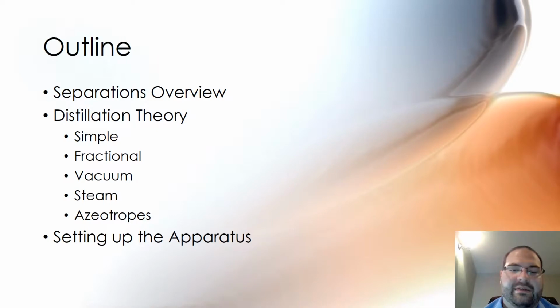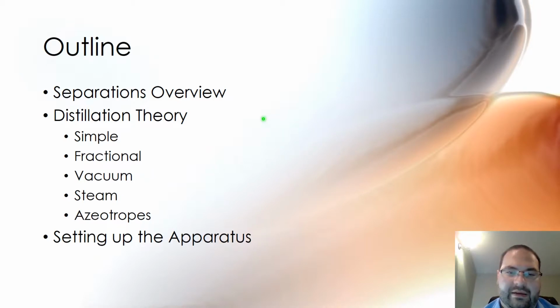So we'll begin by looking at an overview of separation in general and kind of relate back to what we did last week and how that fits that model. And then we'll talk about distilling theories, and those will include simple distillations, fractional distillations, vacuum distillations, steam distillations, and then we'll talk briefly on what an azeotrope is and why that's relevant.